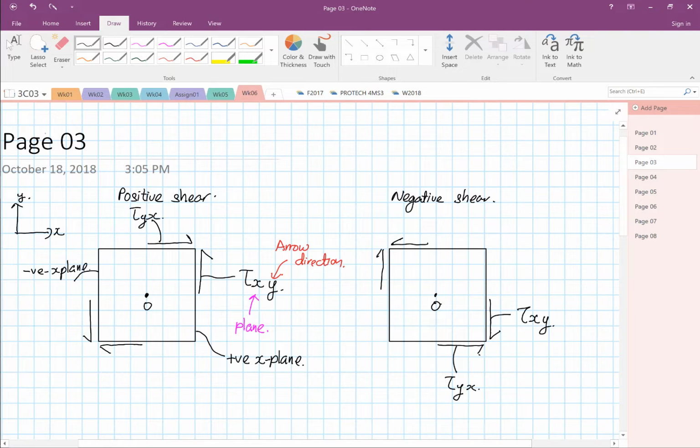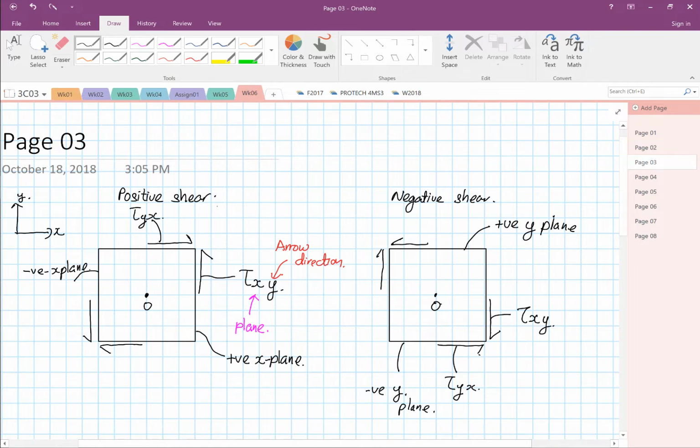Over here on the top, this is your positive y plane, and over here is your negative y plane surface.